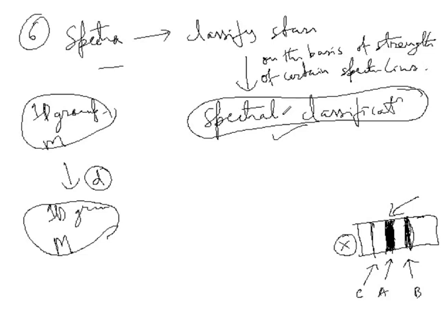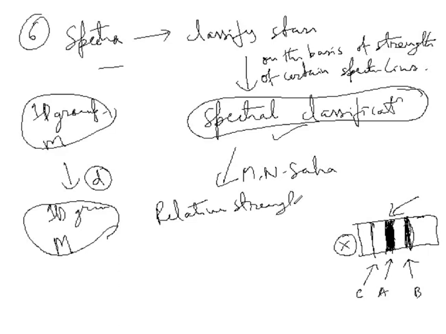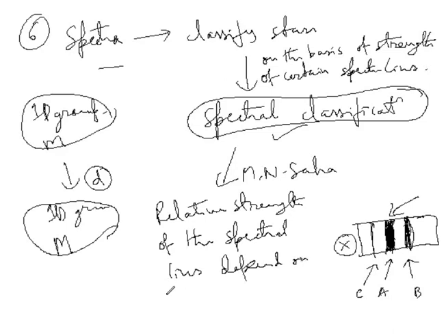Later on, after the work of Dr. M.N. Saha, as you know, an Indian scientist, physicist, it was discovered that basically the relative strength of the spectral lines depends on the star's temperature.